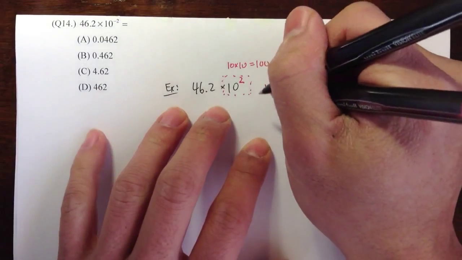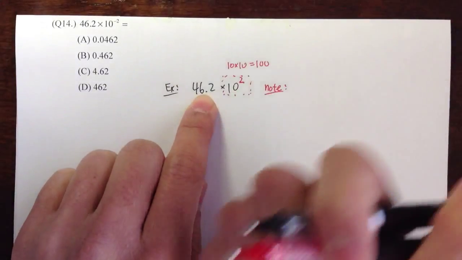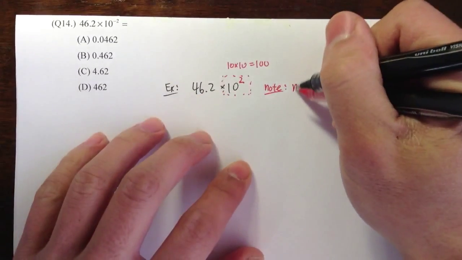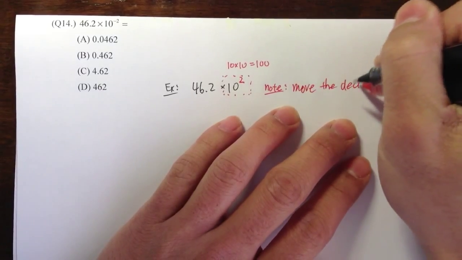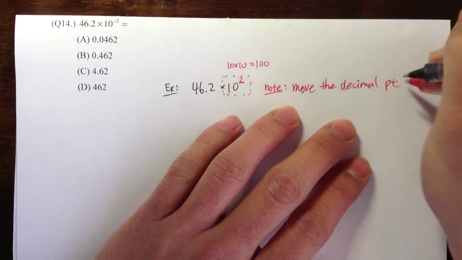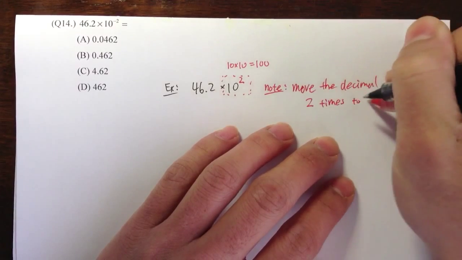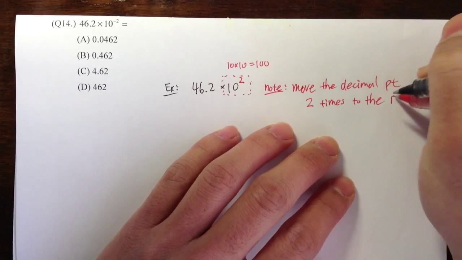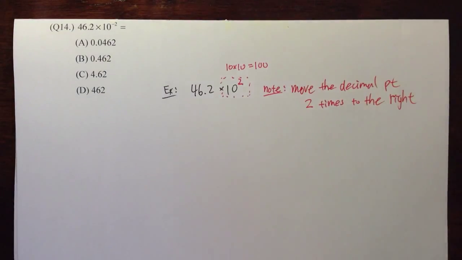It's the same as saying we move the decimal point twice to the right. That's how we multiply by 100, right?